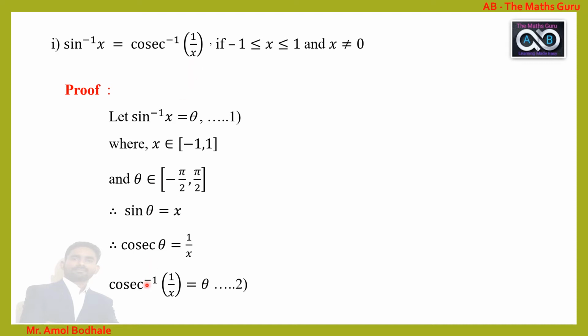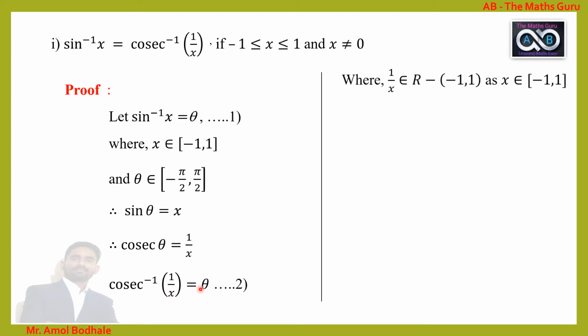So from 1 and 2 we can say sine inverse of x is equal to cosec inverse of 1 by x. But remember, from the statement cosec theta equals 1 by x, can we write cosec inverse of 1 by x equal to theta? So what are the restrictions on 1 by x and theta? The domain of cosec inverse is R minus the open interval minus 1 comma 1, that means this 1 by x should belong to the domain of cosec inverse.